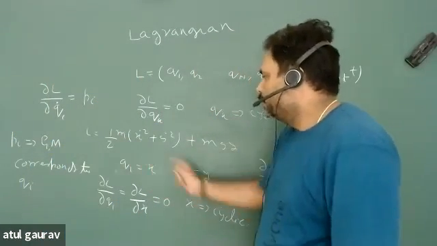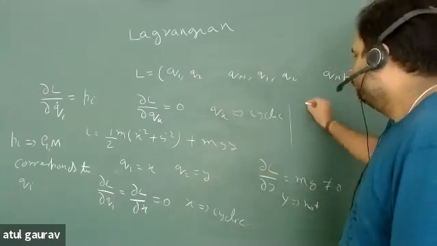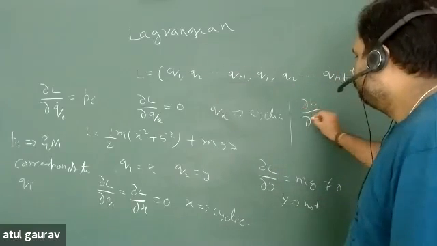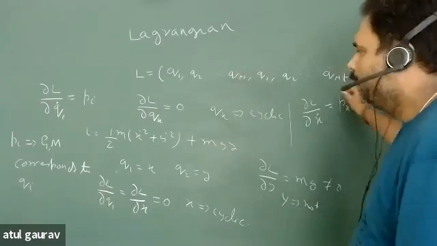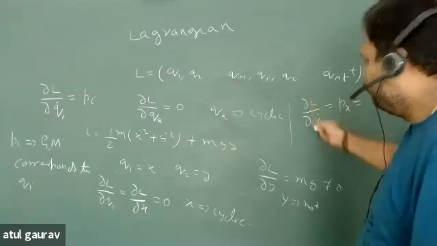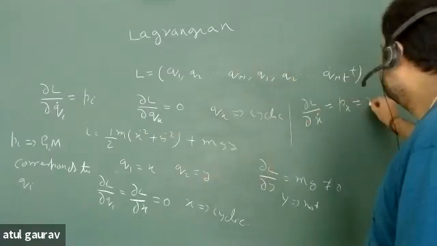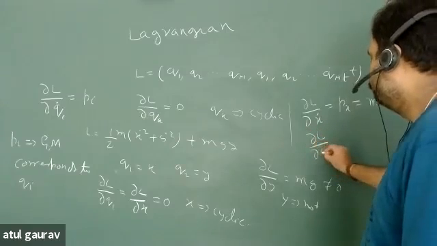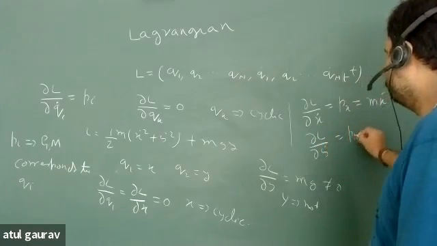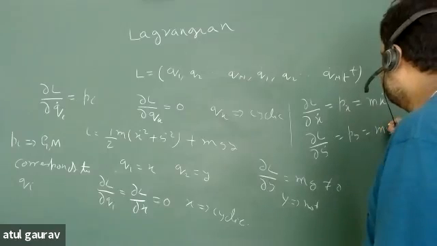Now from this particular thing, you can find how many generalized coordinates there are. 2 generalized coordinates, x and y. Then you can see del L upon del x dot is equal to px. So px is one generalized momentum, and del L upon del x dot gives you m x dot, and similarly del L upon del y dot is equal to py is equal to m y dot.